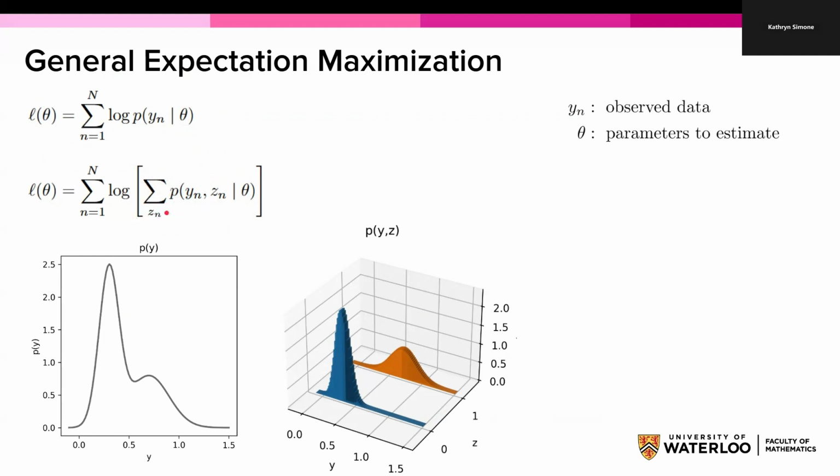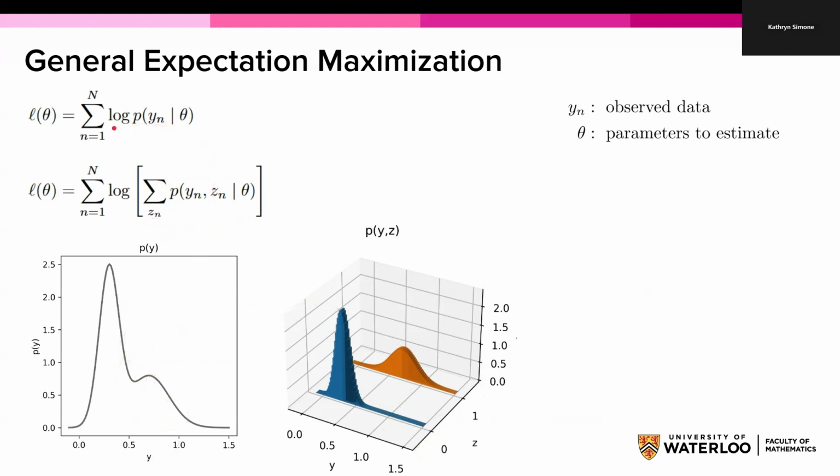And so what happens is that when we marginalize over z, that is we sum over all possible values, we can recover the original density for the observed data. So we're summing over all values along z to recover this marginal distribution over y.